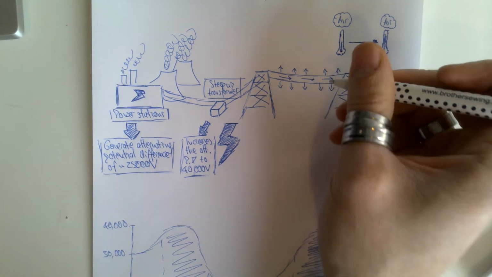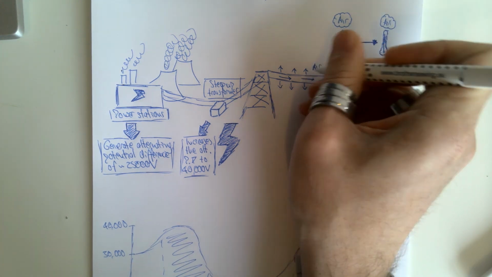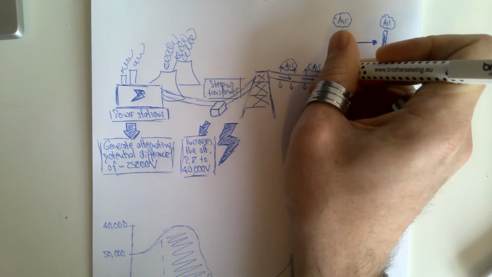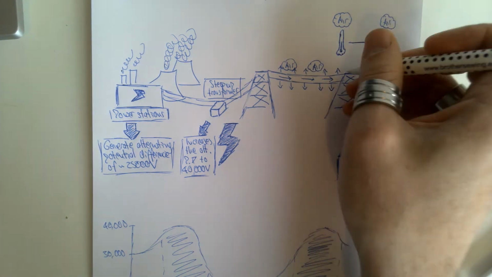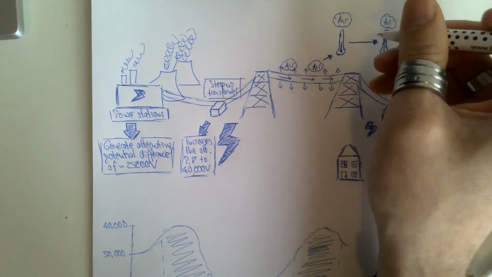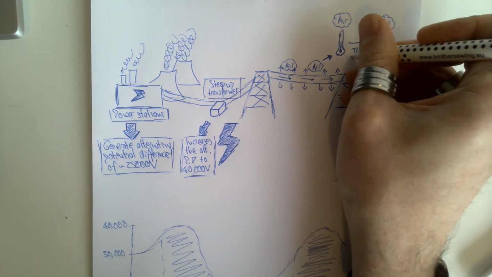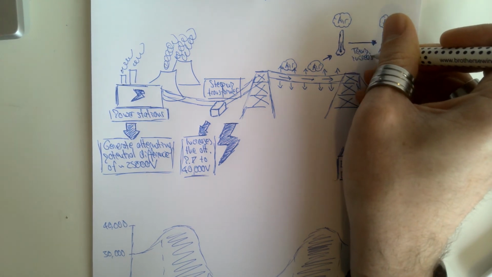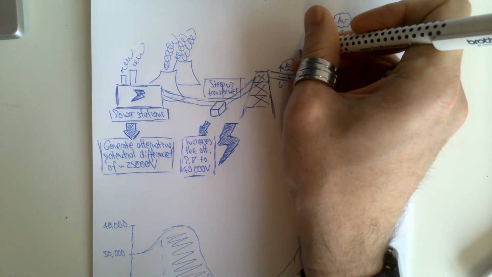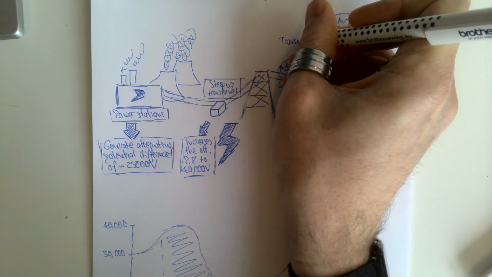So some thermal energy is lost to the surroundings in the air. So what actually happens is the temperature of the air around these wires increases. These are what we call transmission cables.